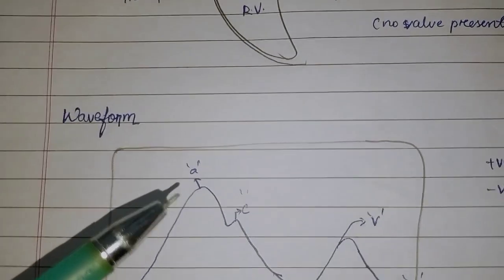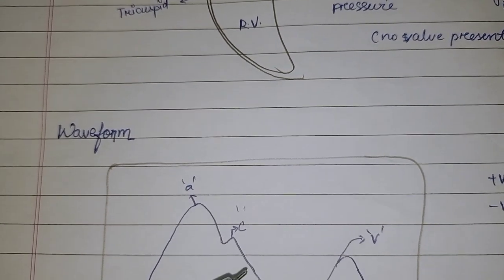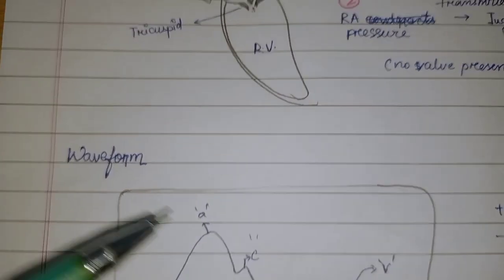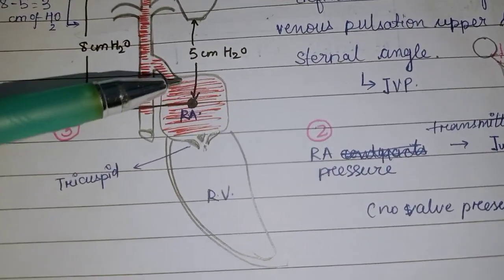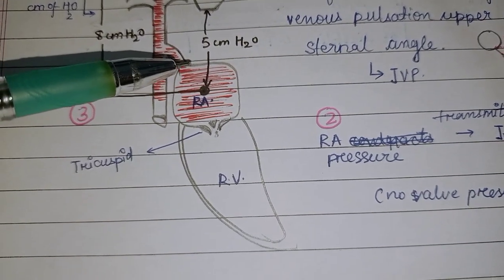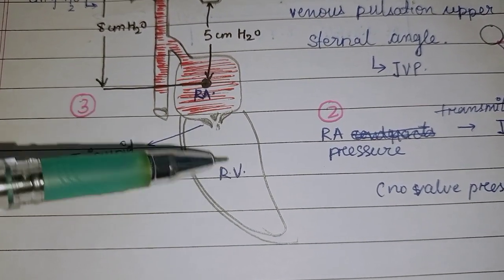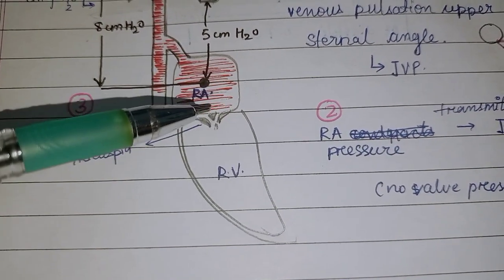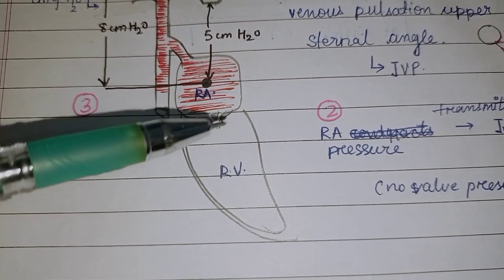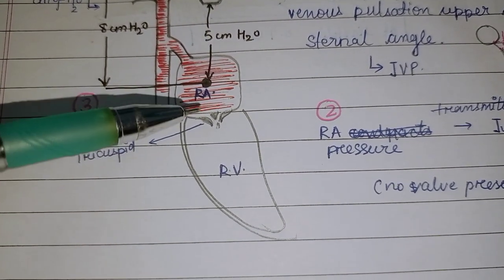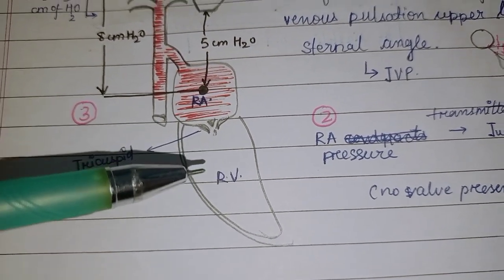Now let us discuss wave C. After the right atrium has contracted, blood will go to the right ventricle. This is the tricuspid valve. So blood will go to the right ventricle.